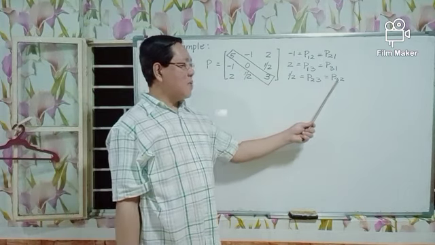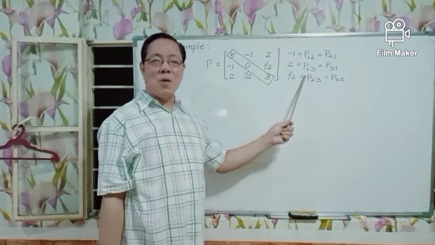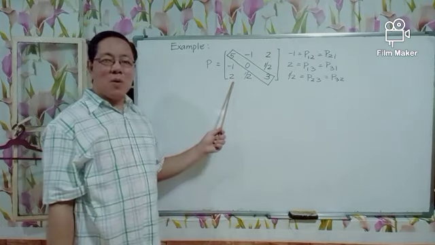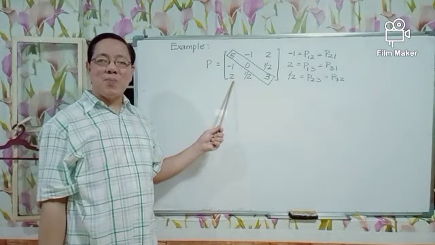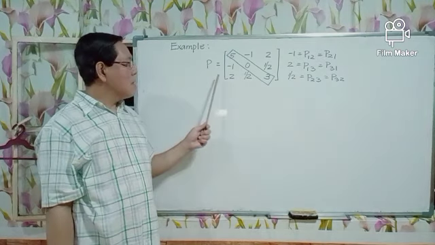Therefore, these entries P sub 32 and P sub 23 are equal, and they are both equal to 1/2. And we therefore conclude that the square matrix P of size 3 by 3 is a symmetric matrix.